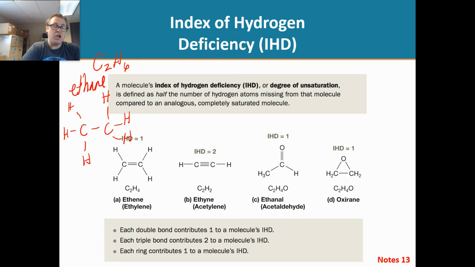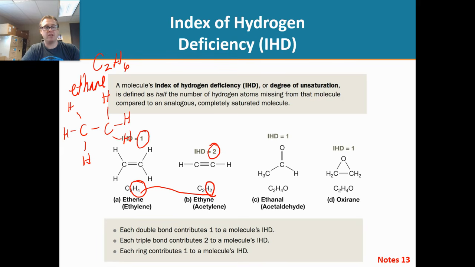Now, if you add another double bond, that is adding another degree of unsaturation. So now we're at 2 degrees of unsaturation. What does the chemical formula change to? Do you see how every degree of unsaturation, here's our first one, we go from 6 hydrogens to 4. We add another degree of unsaturation and we go from 4 hydrogens to 2 hydrogens.